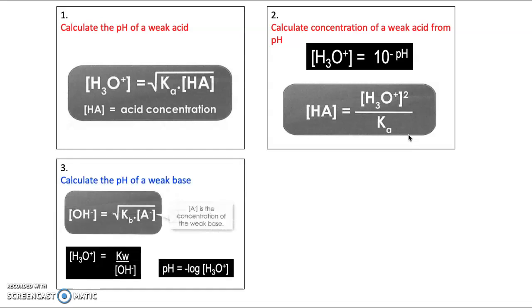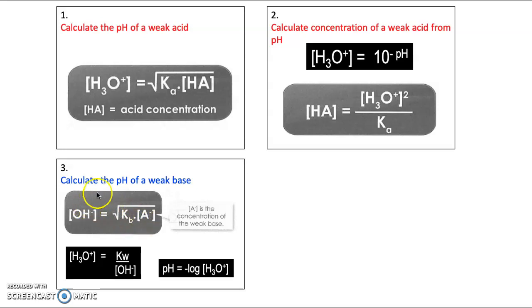The third type of calculation is calculating the pH of a weak base. In these calculations, you need the Kb value. To find the hydroxide concentration, we take the square root of your Kb, which is multiplied by your weak base concentration.